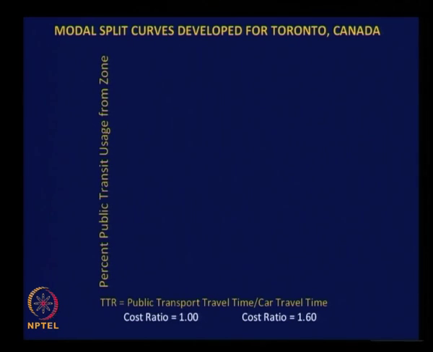There were two distinct cost ratios, 1 and 1.6. Had there been more, they would have considered more also, maybe 2.2 or 2.7 and so on. In this particular case, it was sufficient to consider only two cost ratios.